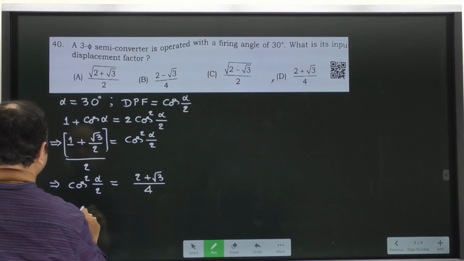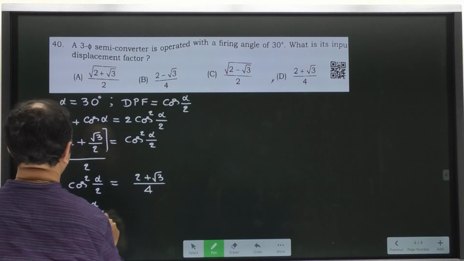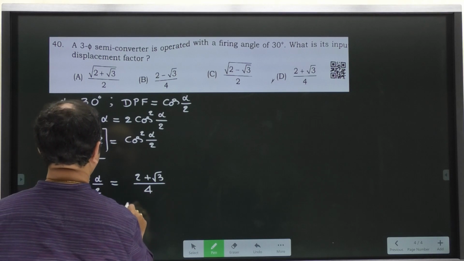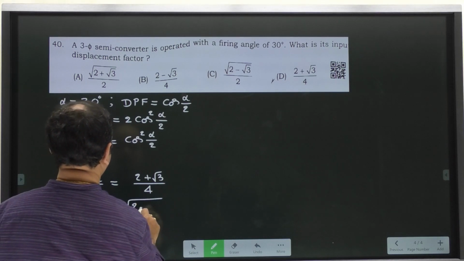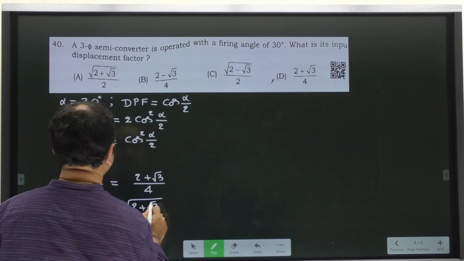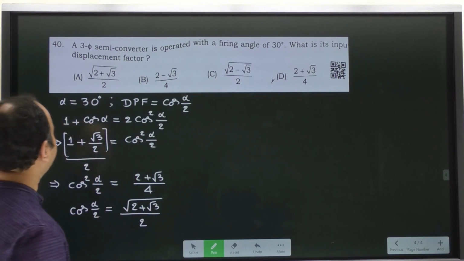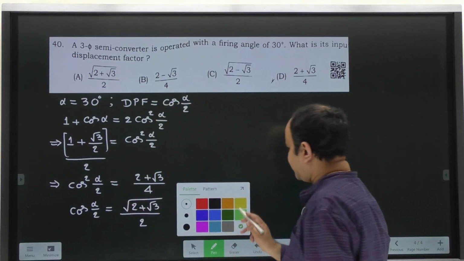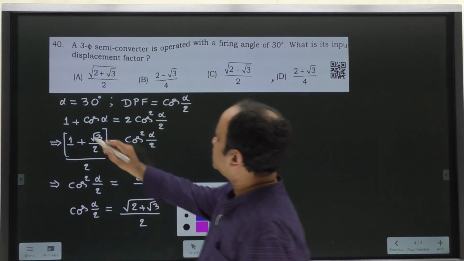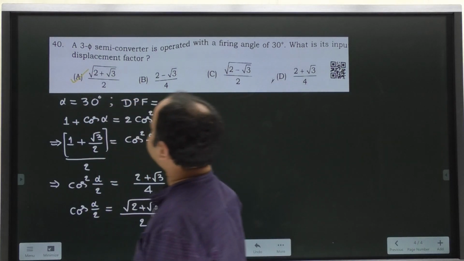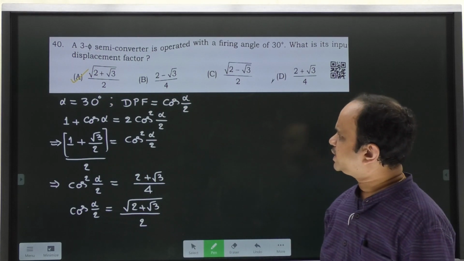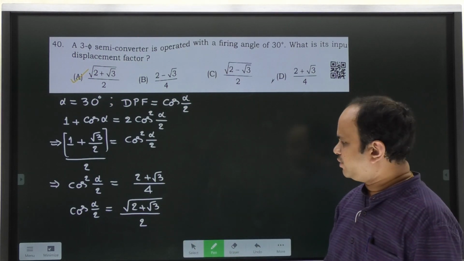So cos alpha by 2 is equal to, if you take a root here, square root of (2 plus root 3) divided by 2, since root 4 will give you 2 here, and hence for this question option A is correct. Square root of 2 plus root 3, divided by 2.